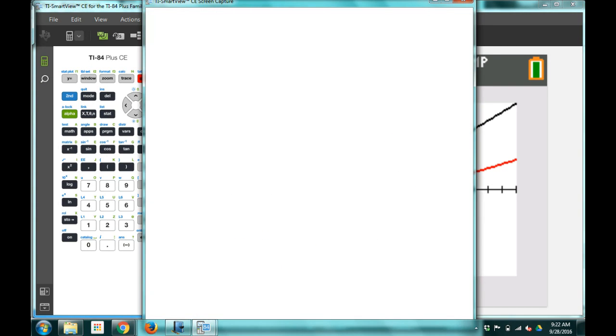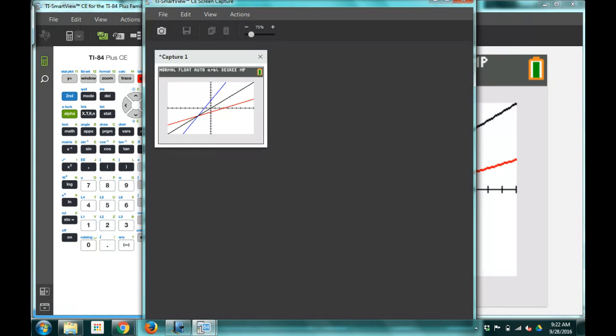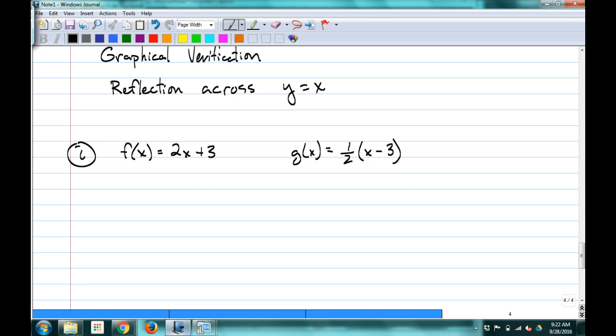Graphical verification is a little tough sometimes because it's hard to see. The algebraic verification is very easy to see. If it equals x, then it worked. If it doesn't equal x, it didn't work. The graphical verification is kind of tough, but it is a method for doing that.